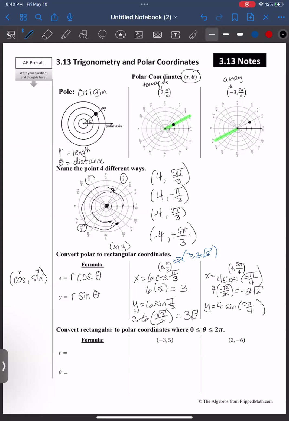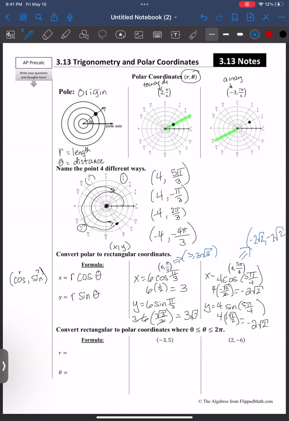And it'll be the same thing for the y. That is the one very convenient thing about pi over 4s. They are the same thing. They're negative square root of 2 over 2, which is negative 2 square root of 2. So again, this one is negative 2 square root of 2, comma, negative 2 square root of 2.